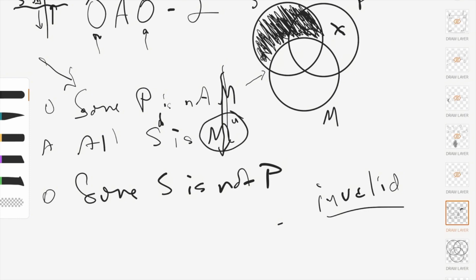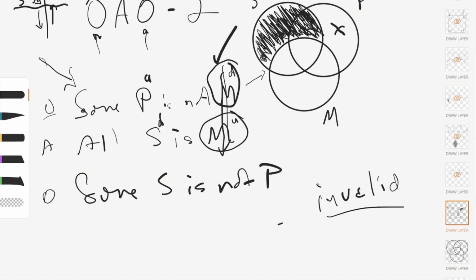So that's potentially a problem because the rule is the middle term must be distributed at least once. But look at the major premise. In the major premise, which is an O, the distribution pattern is the opposite. It's an undistributed subject, but a distributed predicate. So there you go. The middle term is distributed at least once, so it's not that.